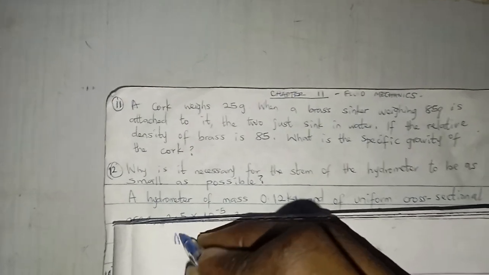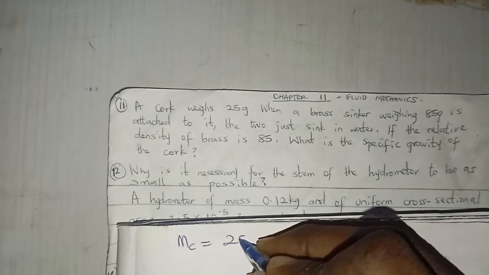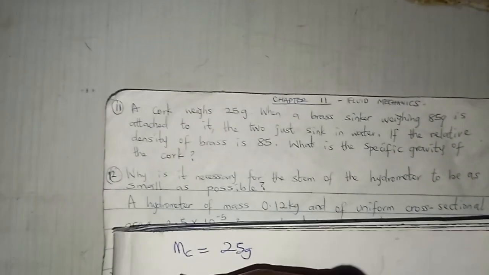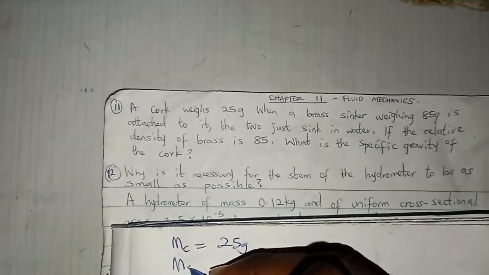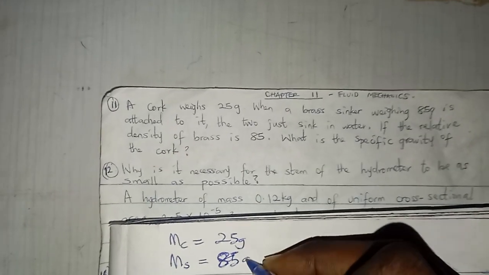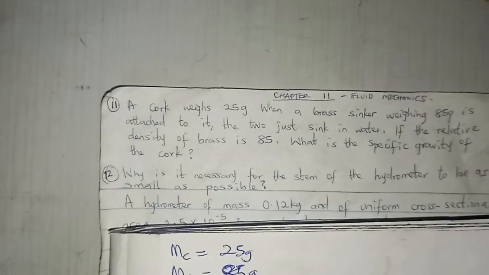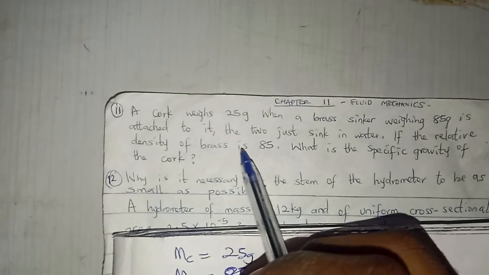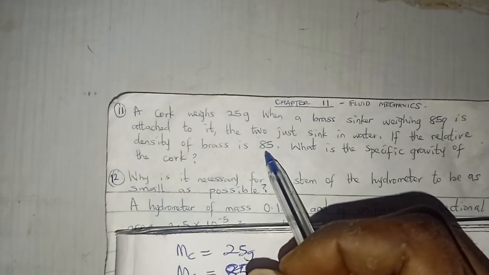So let's say mass of cork is 25 gram, mass of the sinker is 85 gram. In most cases we say that the density of brass cannot be 85 but 8.5.